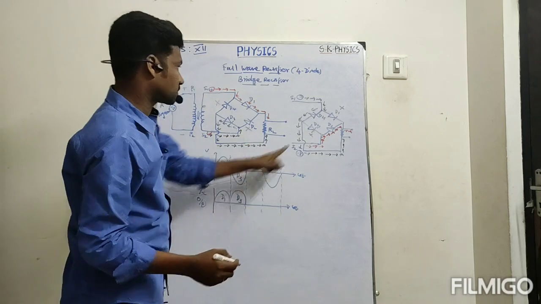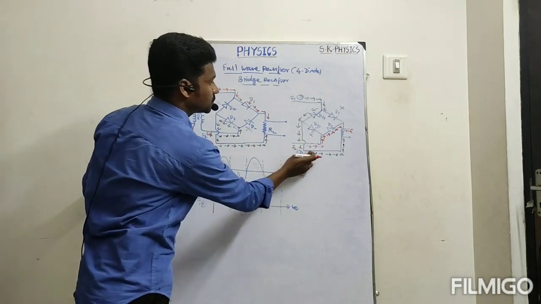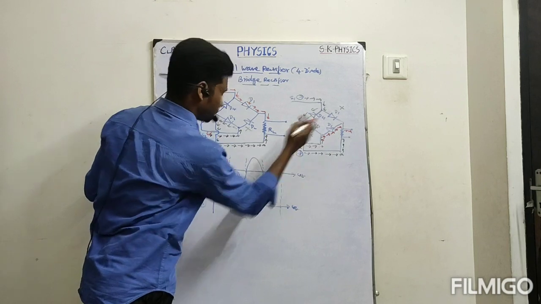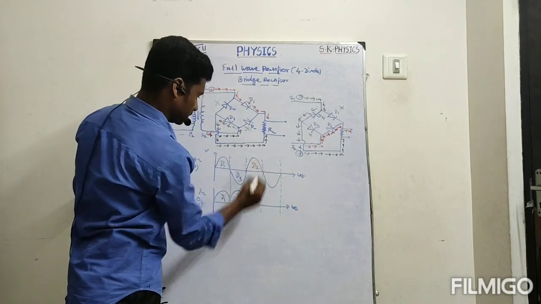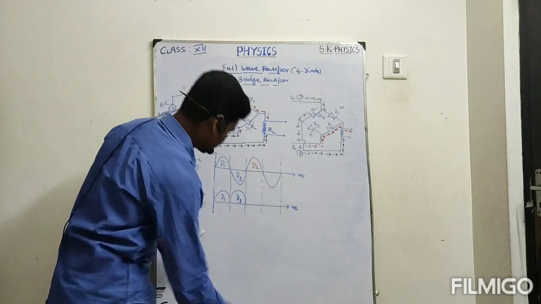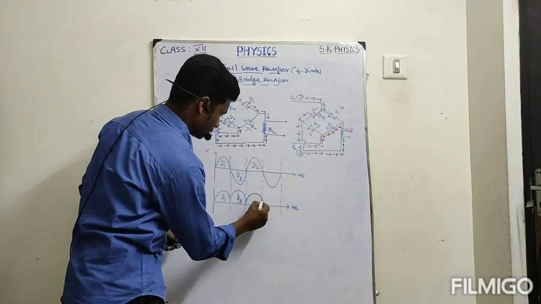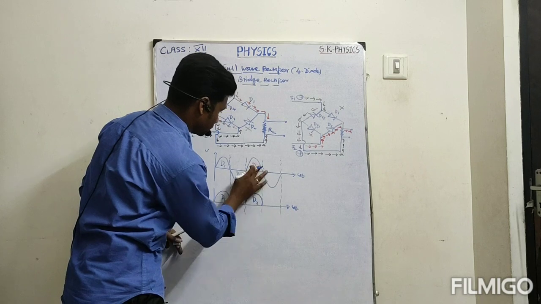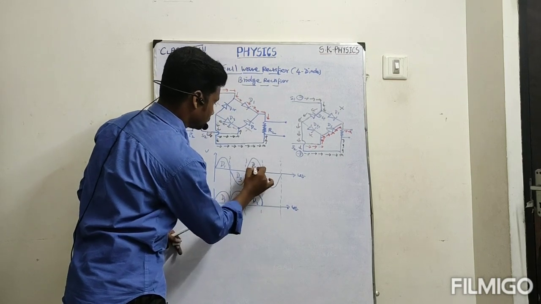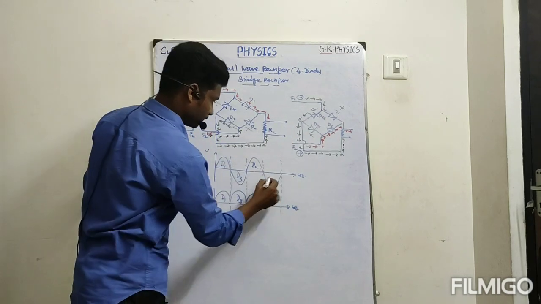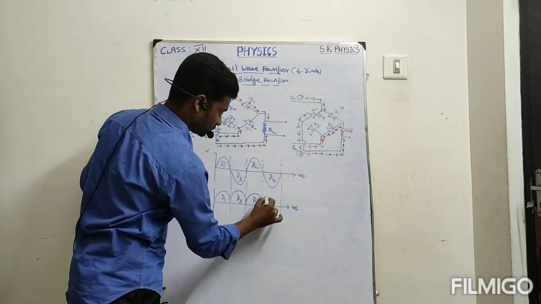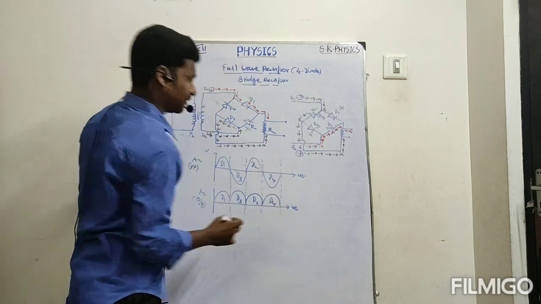D2 is positive to positive, so now D2 is working, and we get the output from D2. And then one more output is negative, from D4.